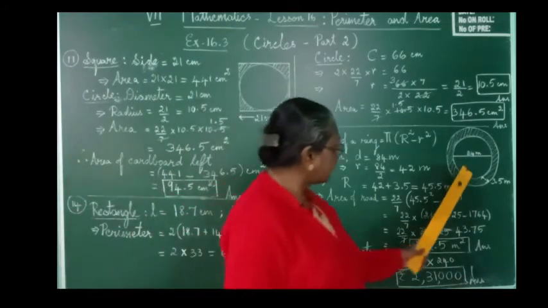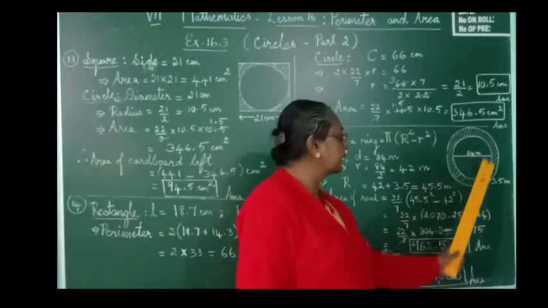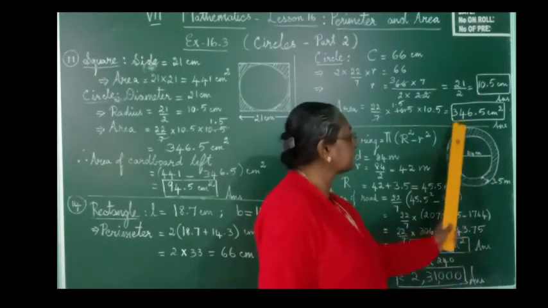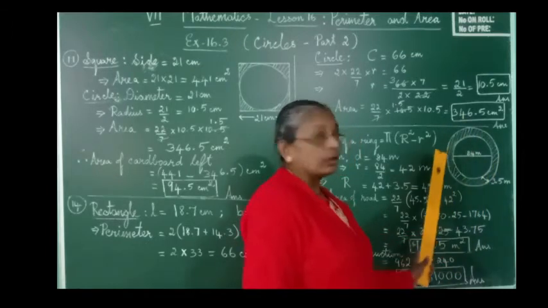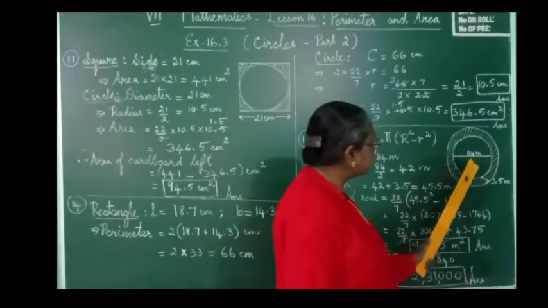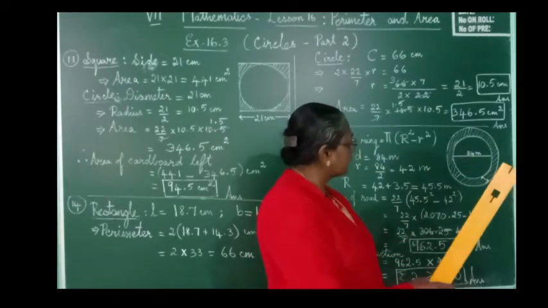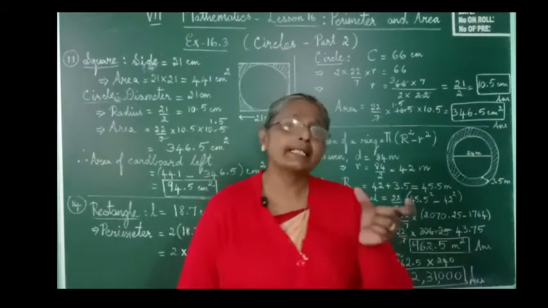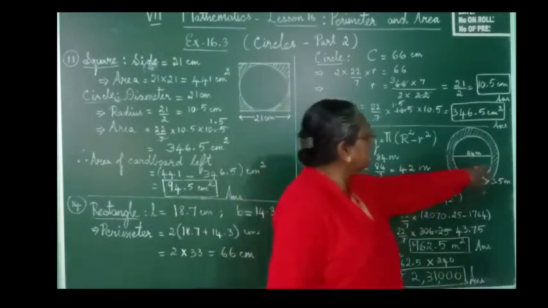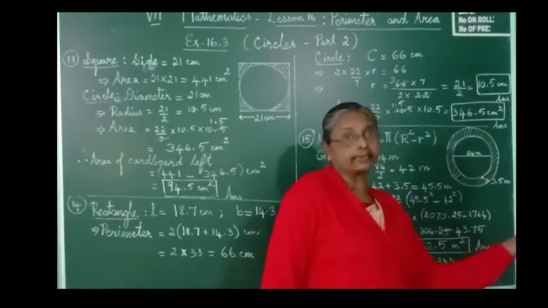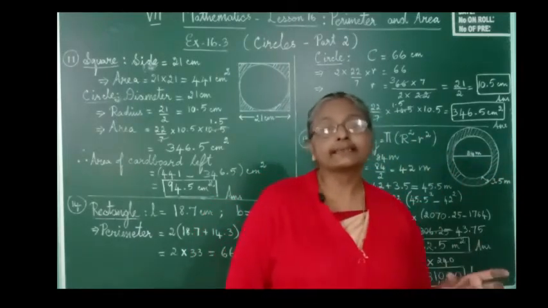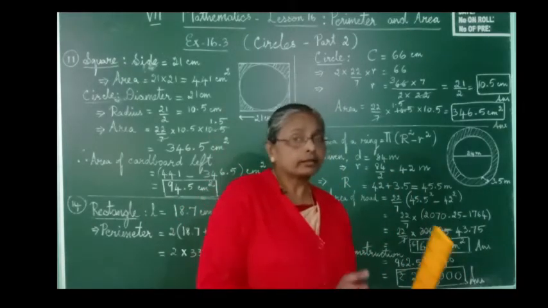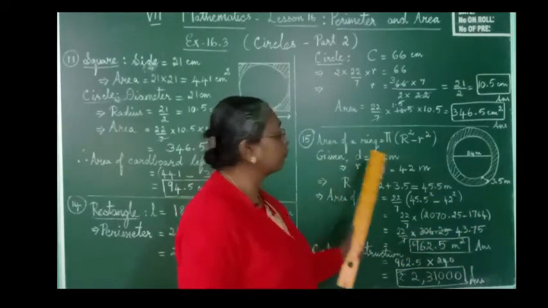So if we take the park to be the inner circle, inside the circle is the park, and outside this circle is the road. So we can take the smaller radius, that is the radius of the inner circle. If we take that to be smaller, and the bigger circle, that is the outside circle, if we take that radius to be capital R, then there is a formula for finding area of a ring.